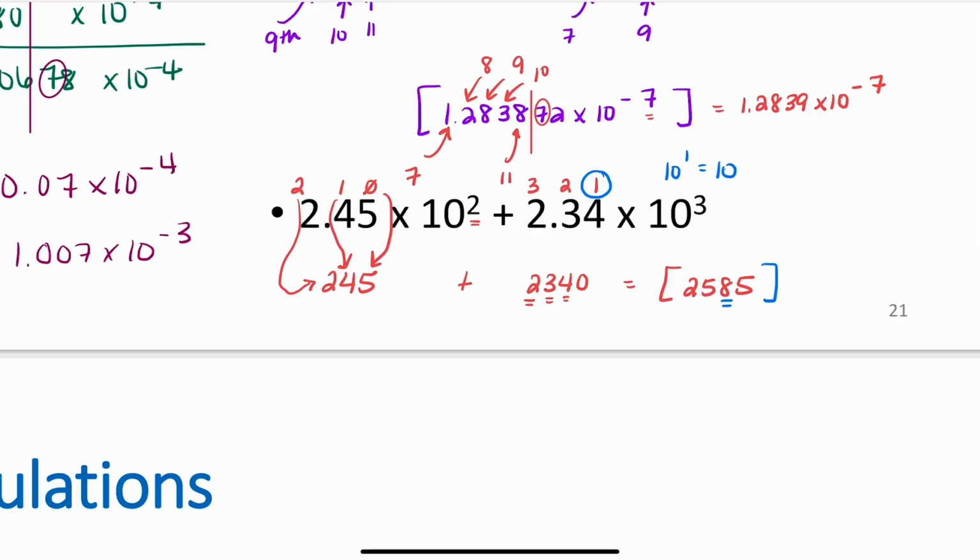So it's precise to my 10s position, okay? The 0 position, 10 to the 0, would be my actual numerical ones. This is precise to the 10s position. So I've got to round here, getting rid of that 5. It is a 5, so I'm going to round up. I'm going to write 2590, or if I want to keep it in scientific notation, that's fine too. I would write 2.59 times 10 to the third.